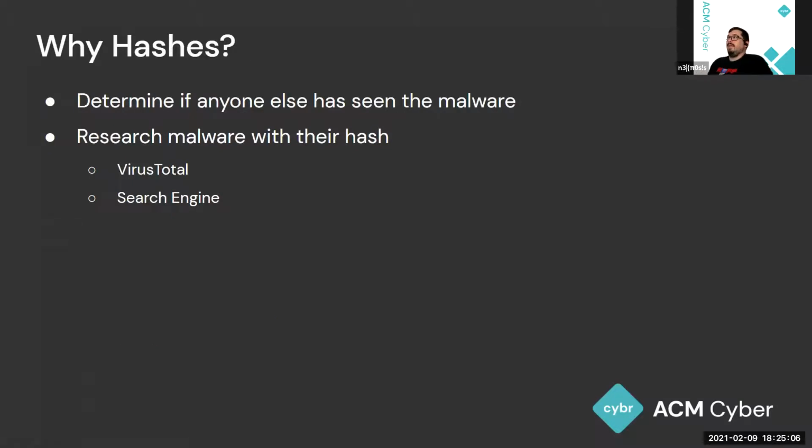So why hashes? We can use these almost like search engines. VirusTotal is one of the most common ones, where researchers upload the hashes of the malware that they find. We can look at that in a minute. I think Nicole has a screenshot.